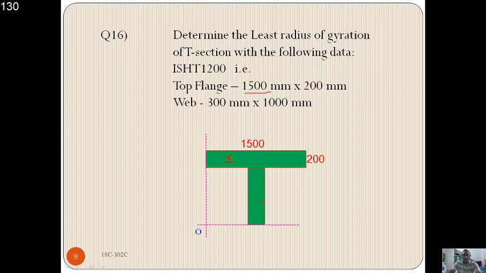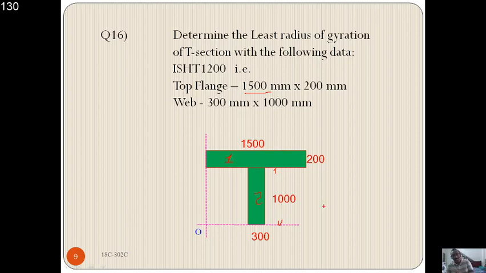The width from this point to this point is 300, and the height from this point up to this point is 1000. Knowing these dimensions, the web is the second part.